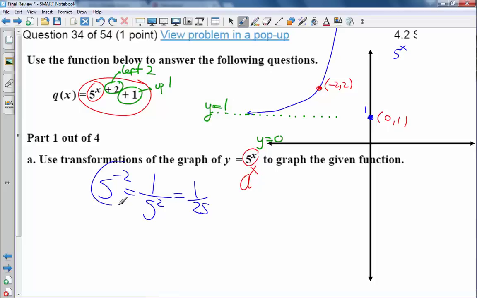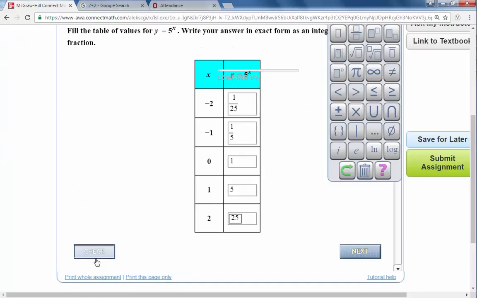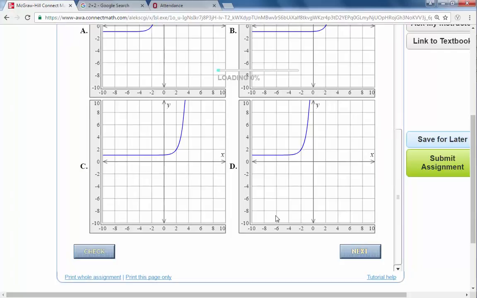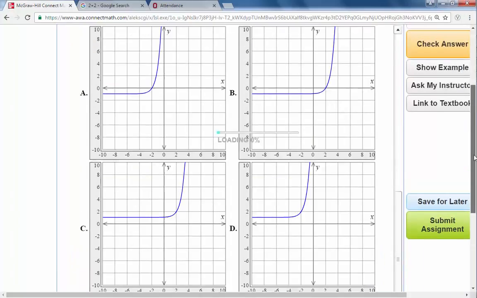Some people just put this into a calculator, and the calculator will give you the decimal value 0.04. When you put this into Connect Math, somehow it says incorrect. Although it's correct, it doesn't like decimals. It wants a fraction like 1/25. It liked mine because mine was all in fractions.